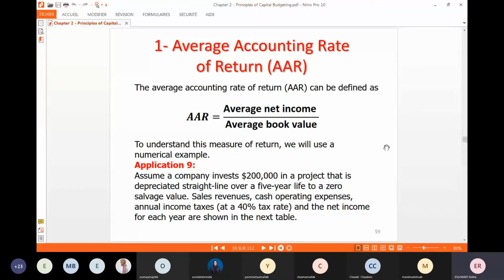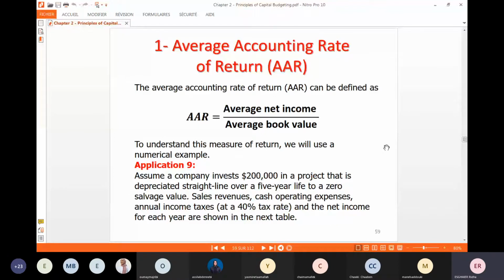Okay. Assume a company invests 200,000 in a project that is depreciated straight line over a 5-year life to a zero salvage value. It means the salvage value is 0 and the initial investment amount is 200,000. So the average book value, the initial investment plus the final book value, which is 0, over 2, is 200 over 2, which is 100. And the average net income is provided in the next table.